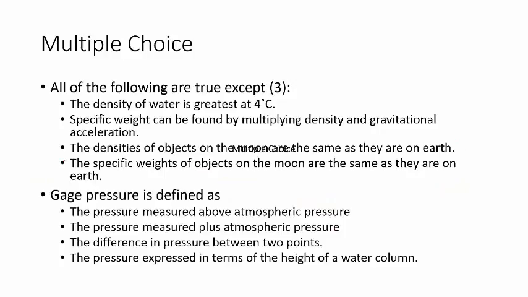The next question, and I guess I just copied this twice. Gauge pressure is defined as the pressure measured above the atmospheric pressure. This seems to be true. Let's see that whenever we had the absolute pressure equals the gauge pressure plus the atmospheric pressure.